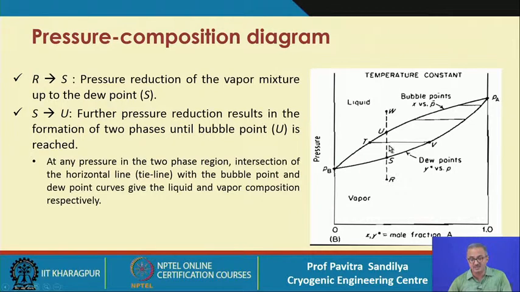And as we still go on increasing the pressure, at a certain pressure U, that is the bubble point pressure, we find that the last amount of vapor has gone into the liquid state.